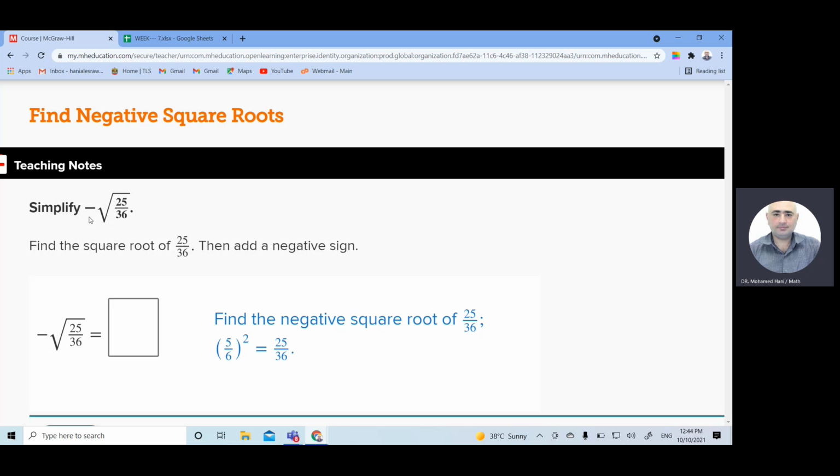So the simplification will be inside the radical. Inside the radical, we have 25 over 36.